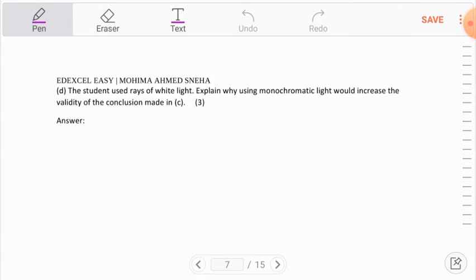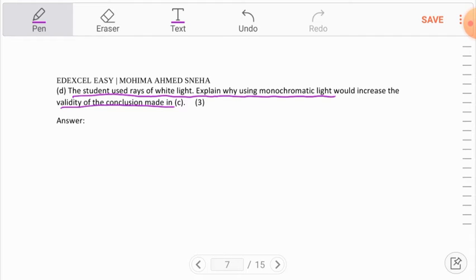It says the student used rays of white light. Explain why using monochromatic light would increase the validity of the conclusion made in part C. So we know that monochromatic light contains only one wavelength, whereas white light has a mixture of wavelengths.